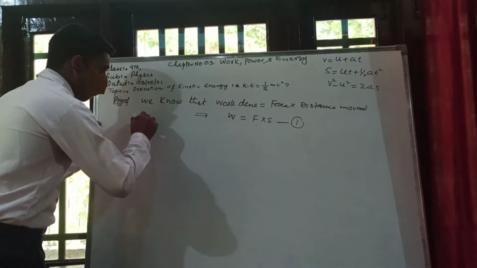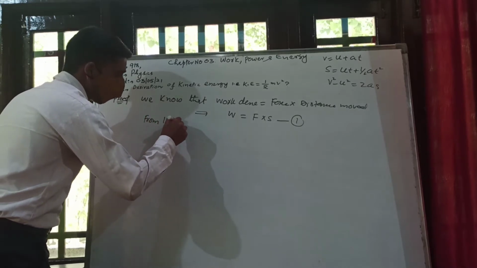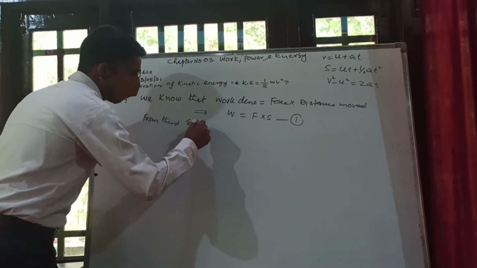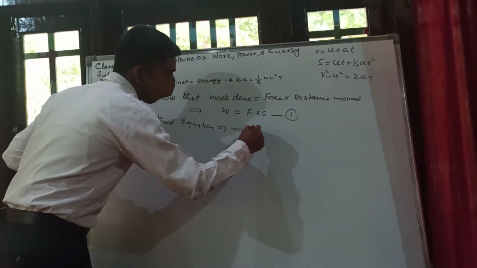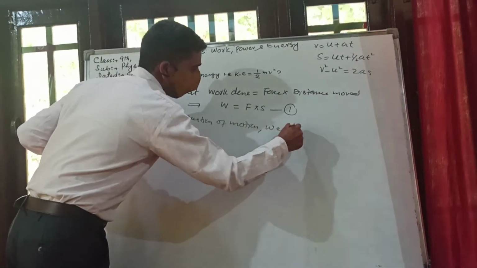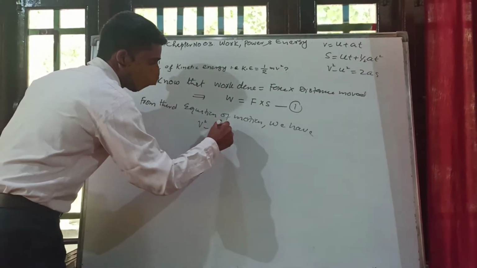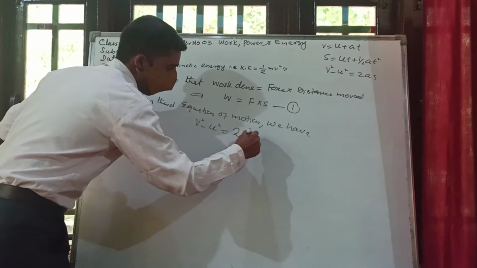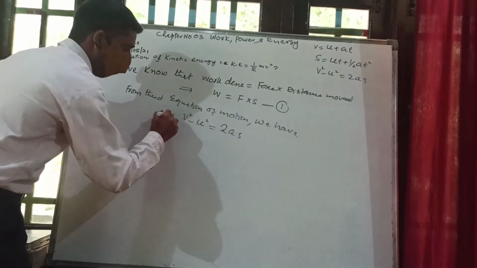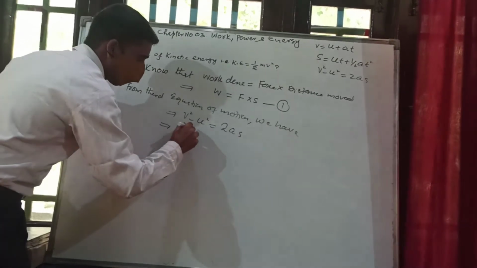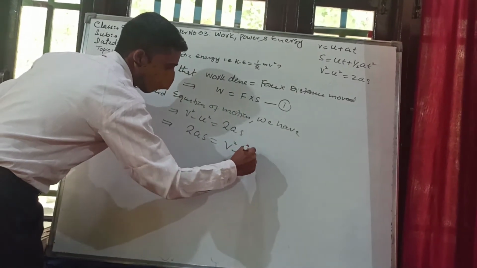So I may write here, from the third equation of motion, we have v square minus u square is equal to 2as. We will find out the value of s. So I may write it like this: 2as is equal to v square minus u square.